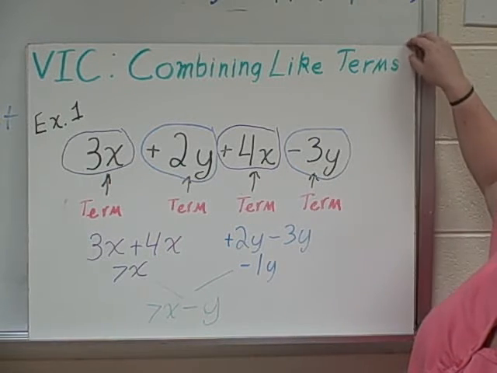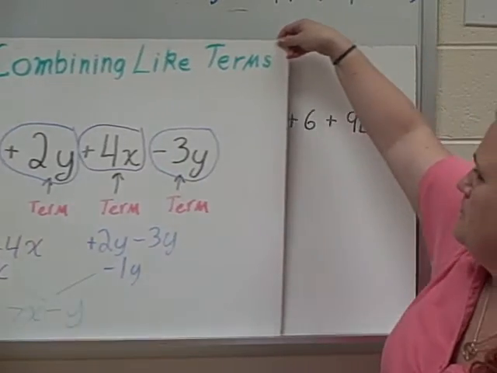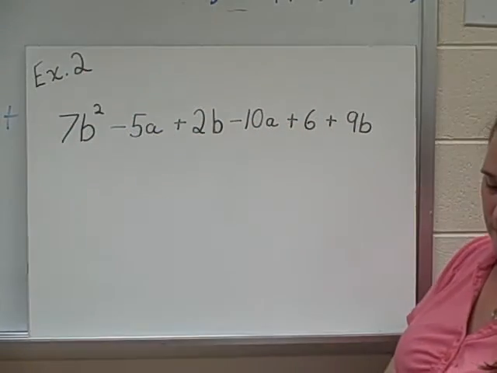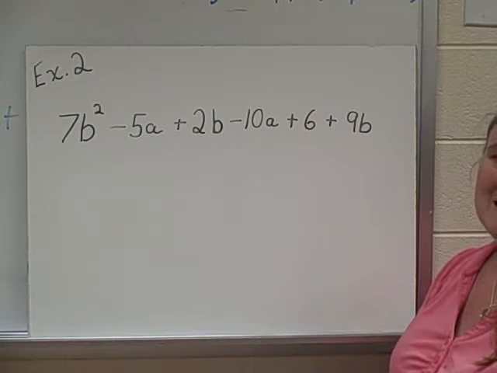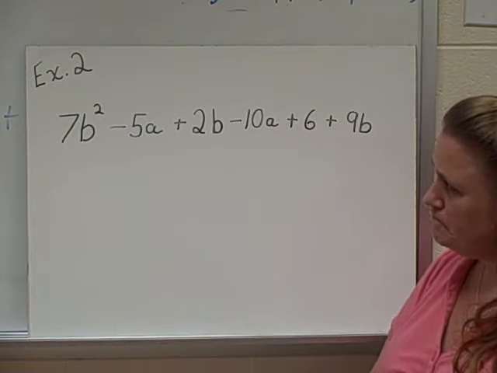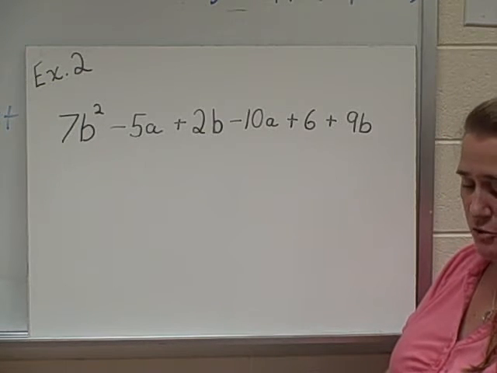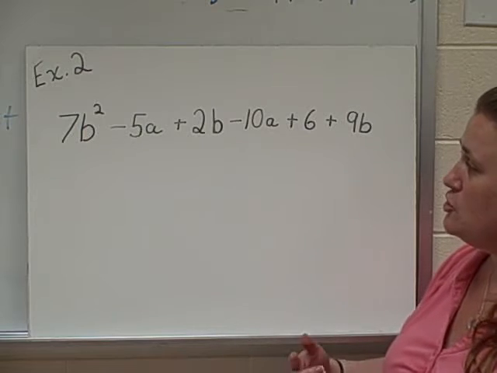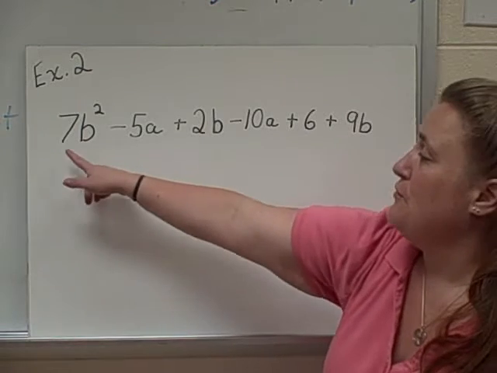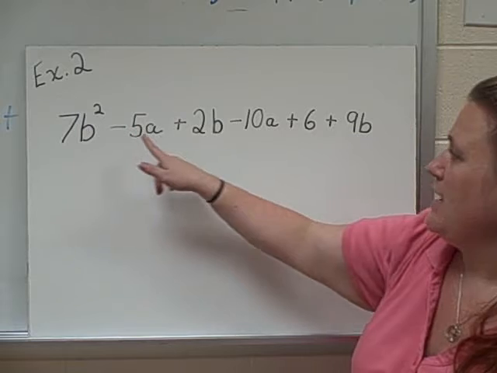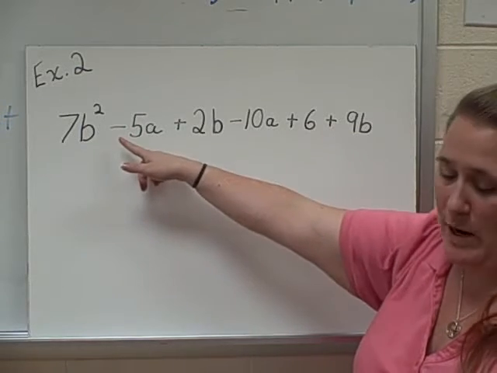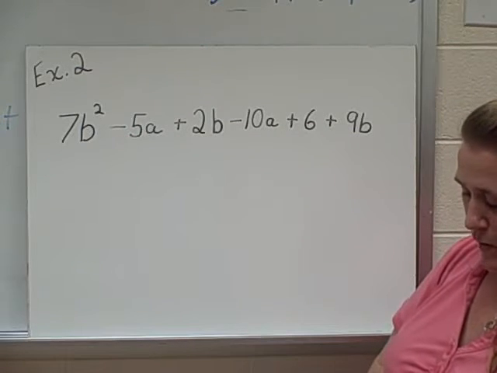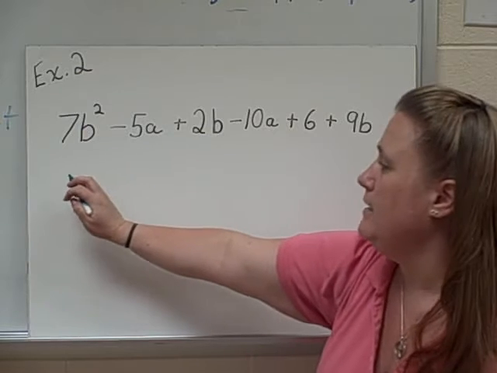Okay? So now we have another example. The first thing we need to do is collect our like terms. So the first thing is a b squared, but I don't have any other b squareds, so I'm just going to write that down right here.